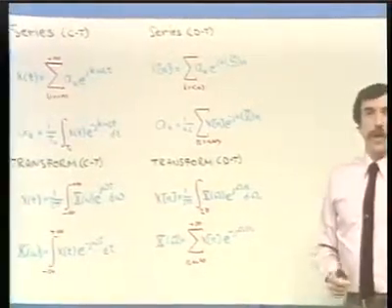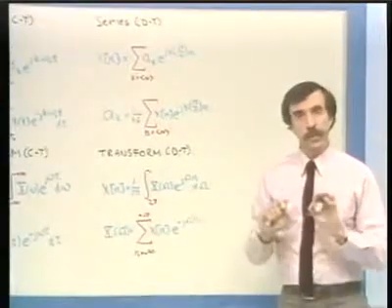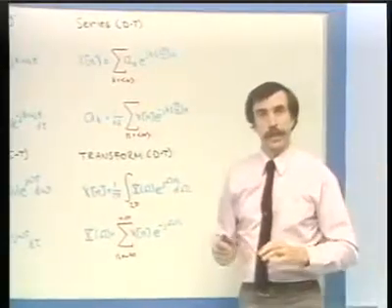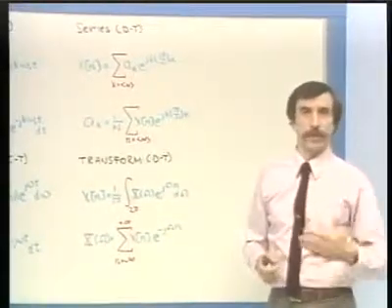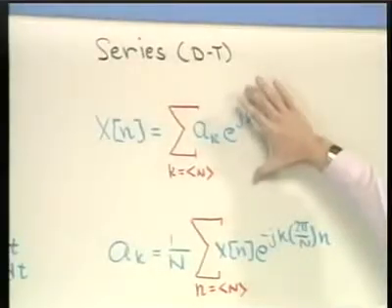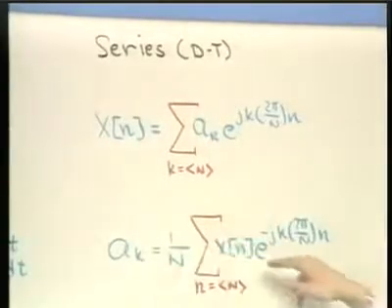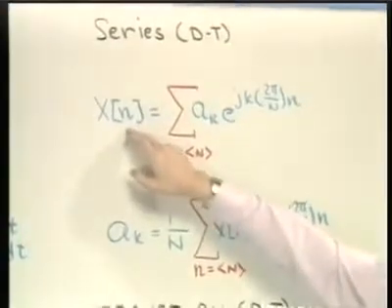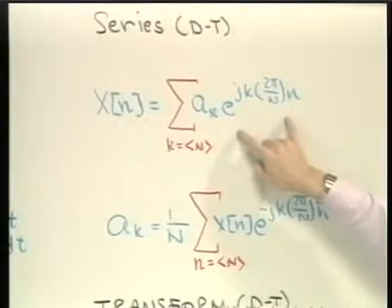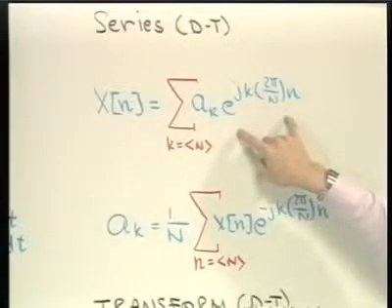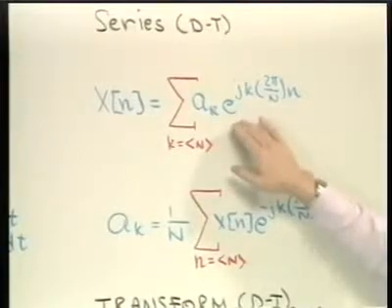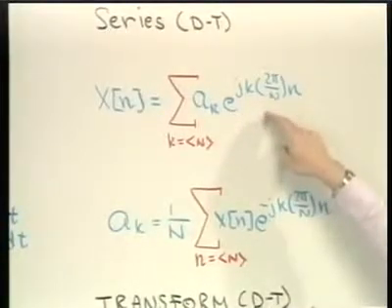The conceptual strategy in the discrete time case was very similar, with some differences resulting in the relationships because of some inherent differences between continuous time and discrete time. We began with the discrete time Fourier series corresponding to representing a periodic sequence through a set of complex exponentials, where now we only required a finite number of these because there are only a finite number of harmonically related complex exponentials.